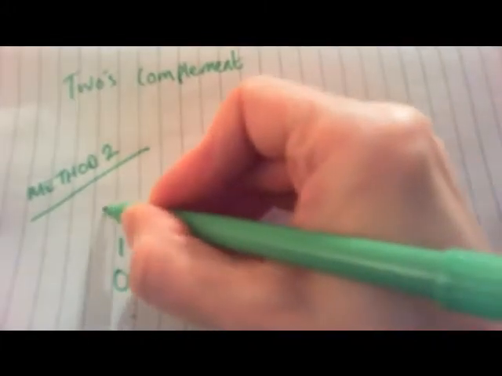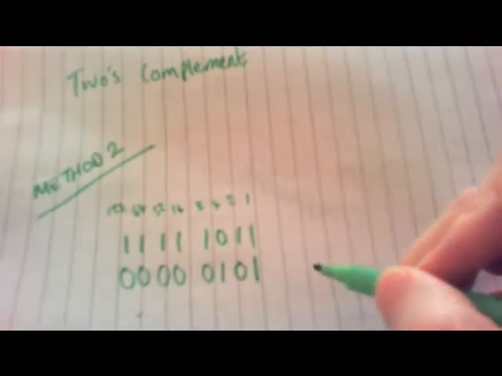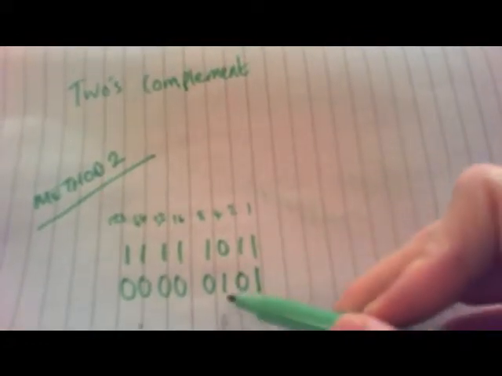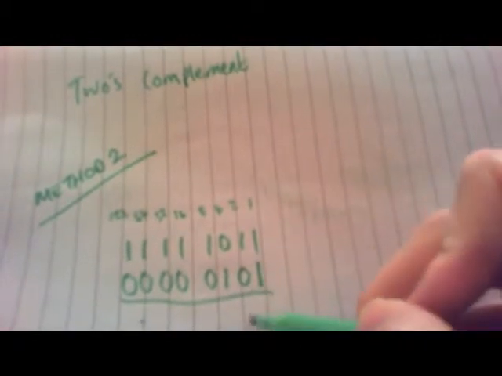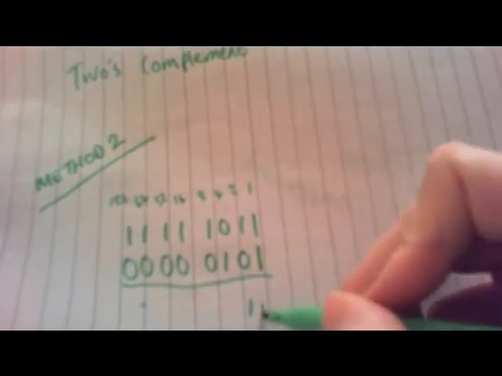So I'm just writing those in. So we're looking at this number here, the one that we've just flipped. I've got one lot of 1 plus one lot of 4. That equals 5. However, remember that this is a negative number because the most significant bit here is a 1. So therefore it's minus 5.